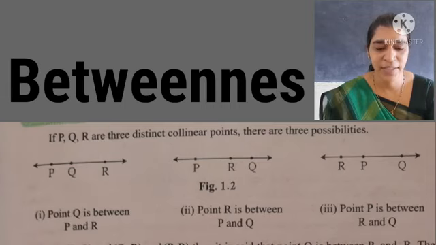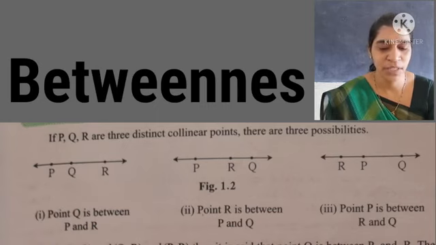How do we write it? See, if distance PQ plus distance QR is equal to distance PR, then it is said that point Q is between point P and R, and we denote it as P-Q-R. We denote this betweenness. In the first figure Q is between, in the second figure R is between, and in the third figure P is between.